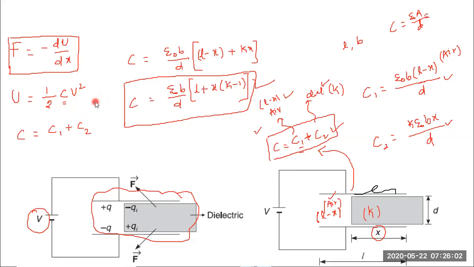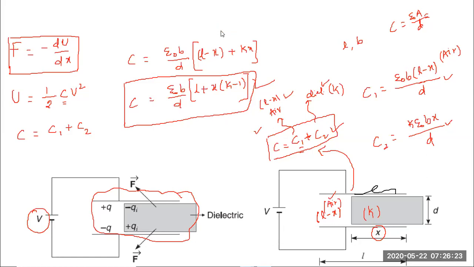Now try to calculate this. V is a constant here, and half is constant. If you want to differentiate this energy, half CV square, substitute the value of C and go ahead.